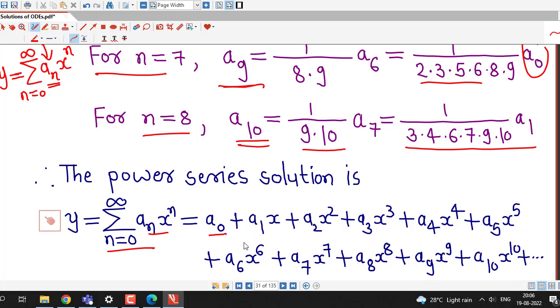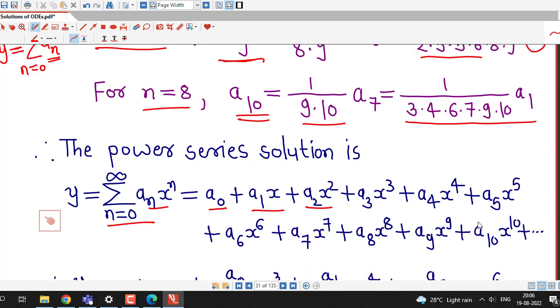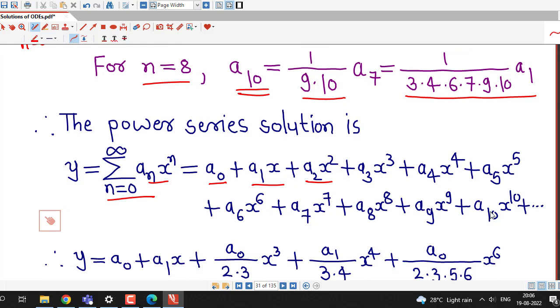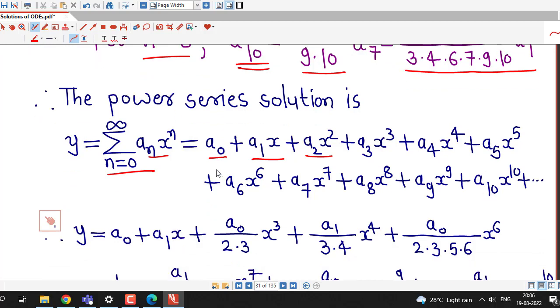the terms up to x raised to 10, a0 plus a1x plus a2x square and so on, and then I substitute values of all these constants: a0 as it is, a1x as it is, a2 is 0, similarly a5 is also 0 and a8 is also 0. a3 is a0 over 2 into 3 x cube, then a4 is a1 over 3 4.